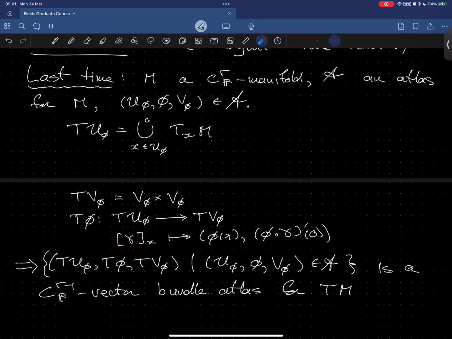And then what we proved last time was that if you did this construction for all charts, then what we get is a vector bundle atlas. Okay, so we saw that there was a vector bundle structure for the tangent bundle. All right, so that's all the basic stuff about tangent bundles that we're going to talk about.